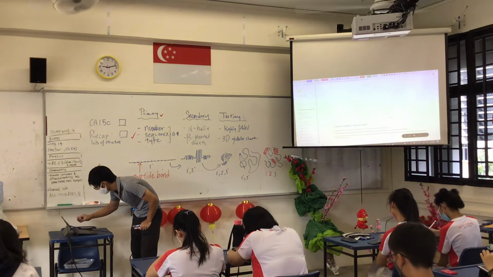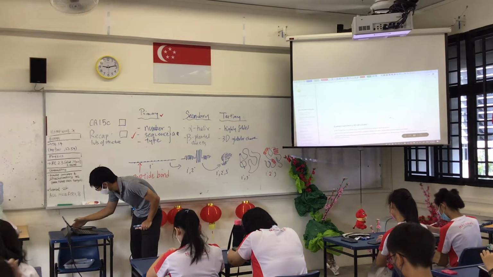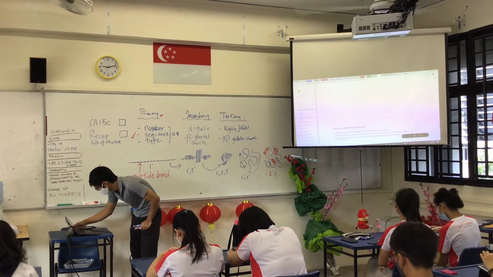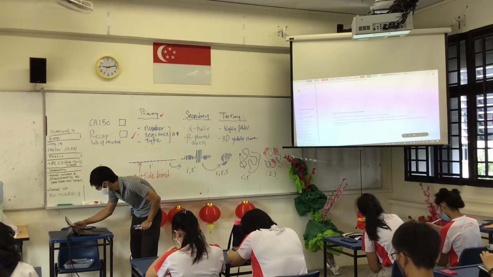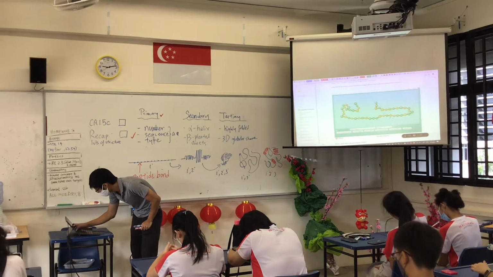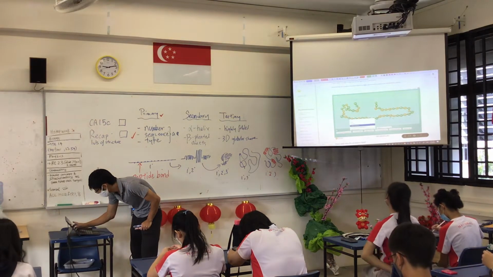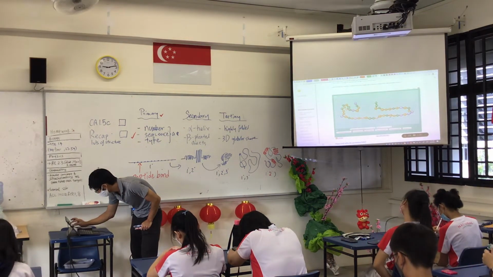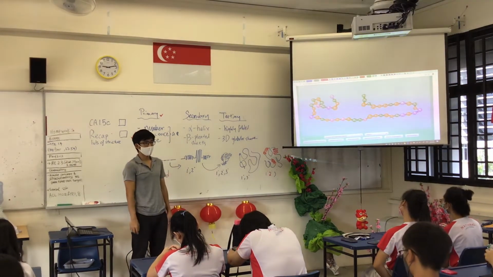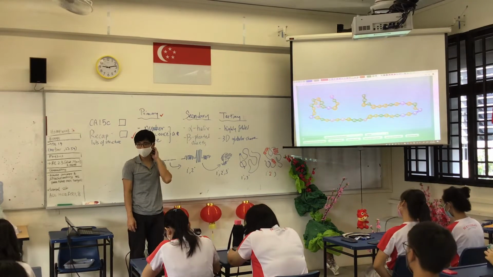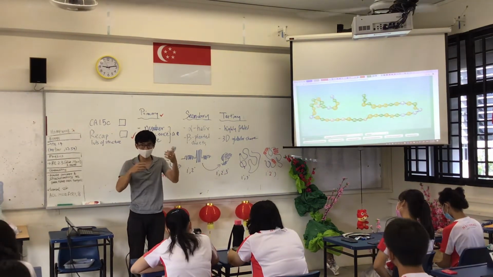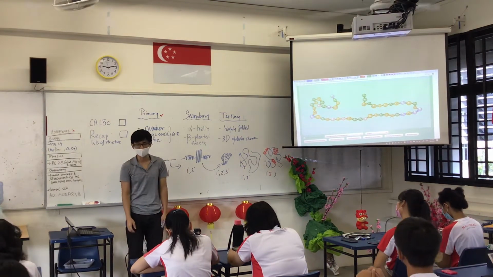Go back to that simulation that we played with, that I've shown you before. We know that proteins fold because of two things: the medium it is in, and also the interactions of bonds holding the protein together.